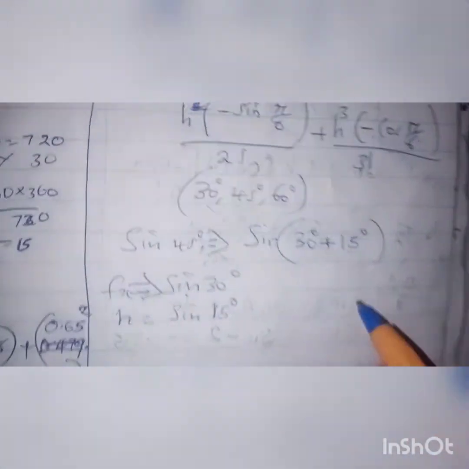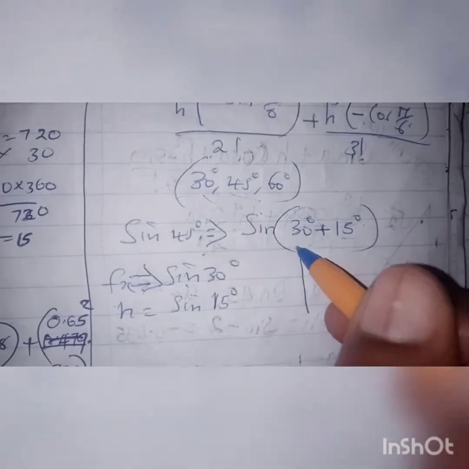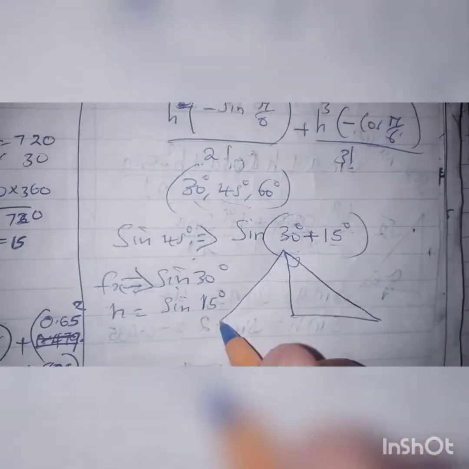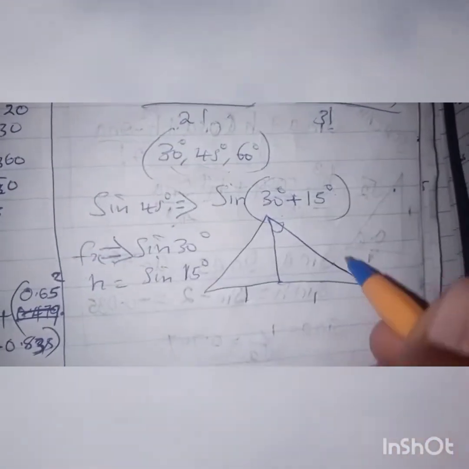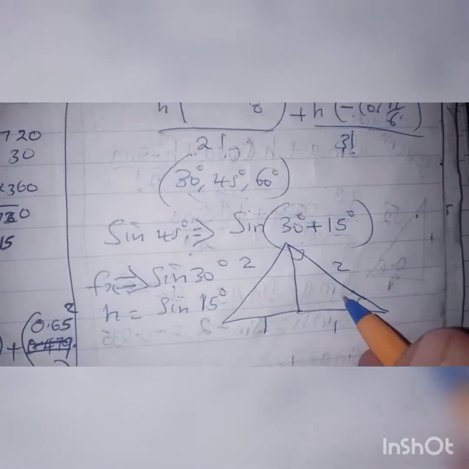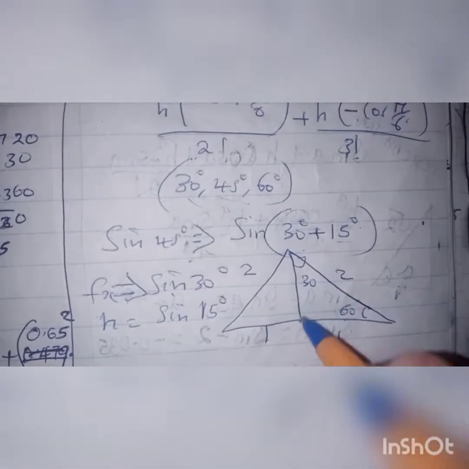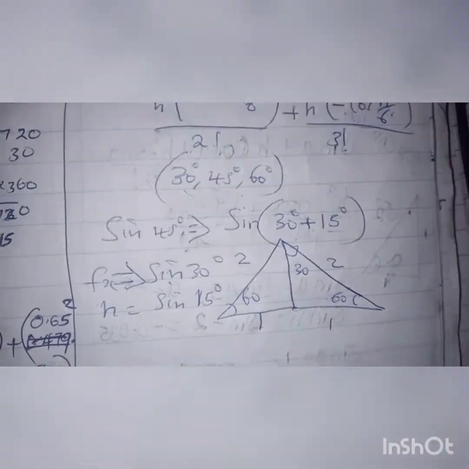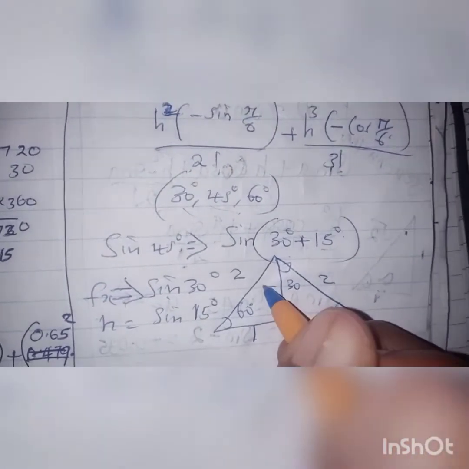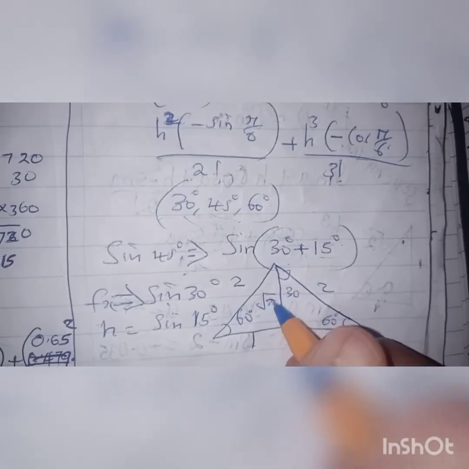But what if we use these angles? Assume an equilateral triangle with sides 2. These angles are 60, 30, and 60 degrees. This height here is always root of 3.